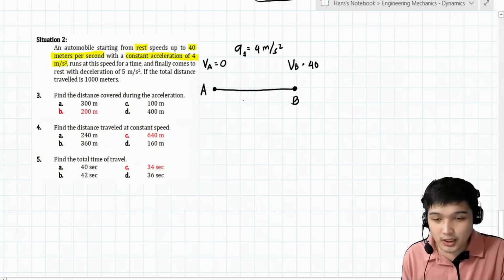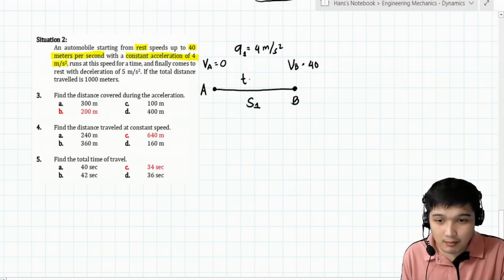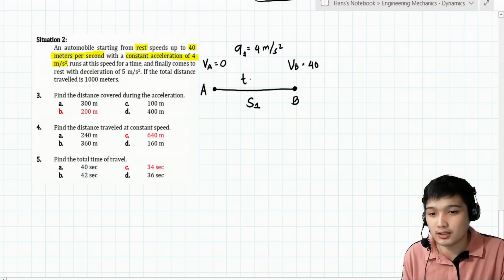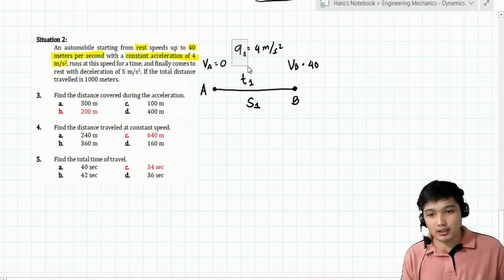Of course, it has a distance to travel, which we call S1, and a time to travel the distance from A to B, which we call T1. That's why we call them A1, T1, and S1.